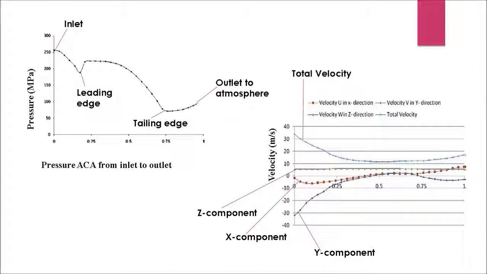This velocity is in the direction of the blade span. The velocity component w in z direction is semi-constant along the streamline. This is in the direction of rotation. The total velocity decreases from inlet to outlet due to rotation, swirling, and the occurrence of the vortices.